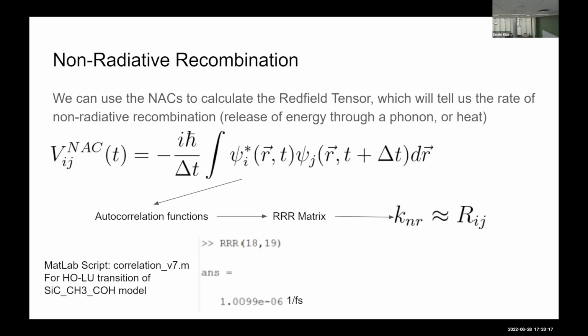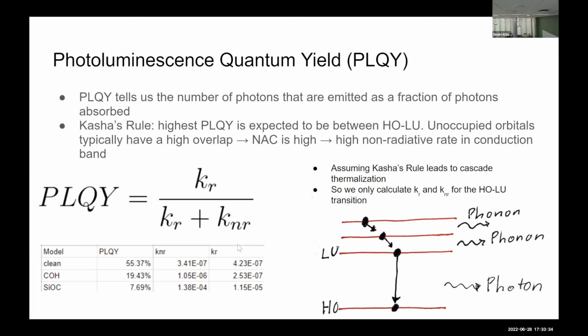Why not choose a HOMO to LUMO plus N transition? Why not LUMO minus N? Like in this example, why did you choose the HOMO-LUMO? Oh, yes.